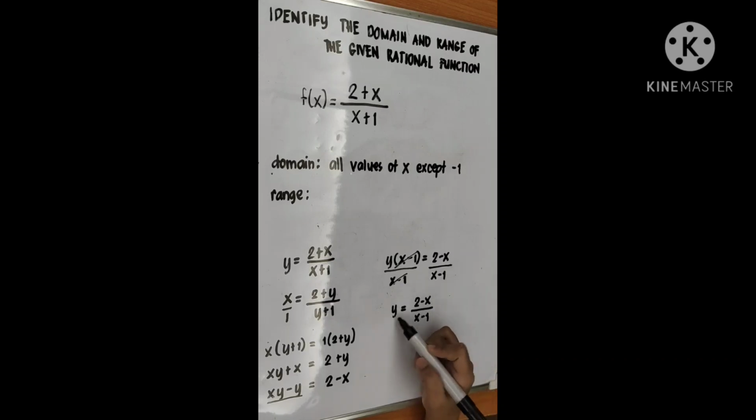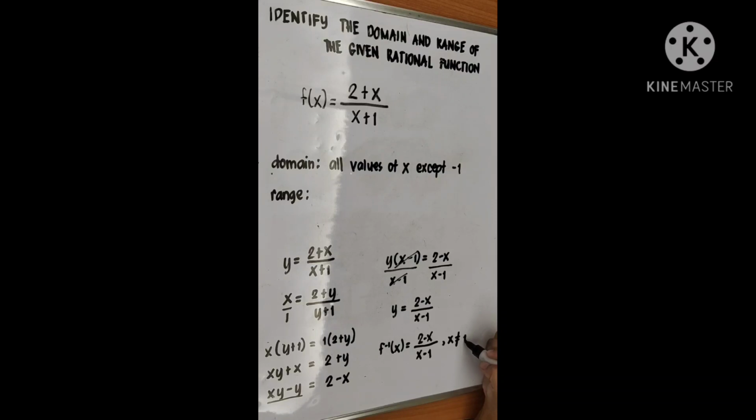So we are going to change y to f to the negative 1 of x, and we have here (2 minus x) all over (x minus 1). So this is also a rational function, and it has a restriction in the domain where our x should not be equal to 1, because if we have here x is equal to 1, 1 minus 1 will be 0.